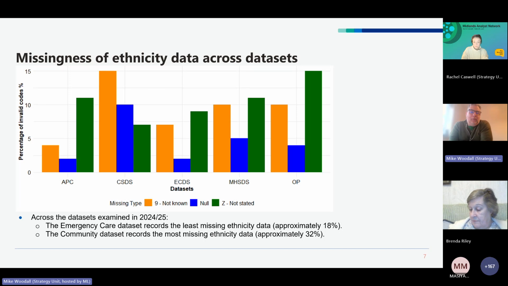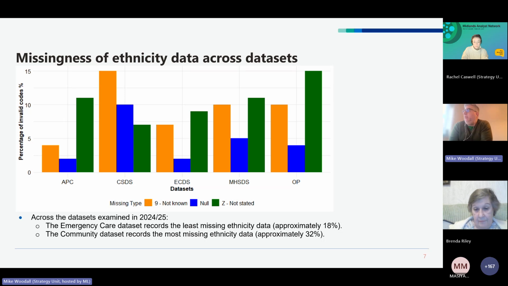There are data quality processes that look at whether there's a code included, but a lot of times they are looking at not known and not stated codes, which are not useful in terms of the analytics that we want to do with this data.